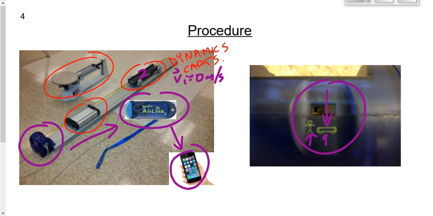Cart number 1 is going to be pushed toward cart number 2 with a certain velocity, and therefore a certain momentum. They're going to collide, they're going to stick together because you've got Velcro on both of them, and then they're going to head off as one. Using the motion sensor, we're going to determine the velocity of cart number 1 before and the velocity of cart 1 and 2 combined after.